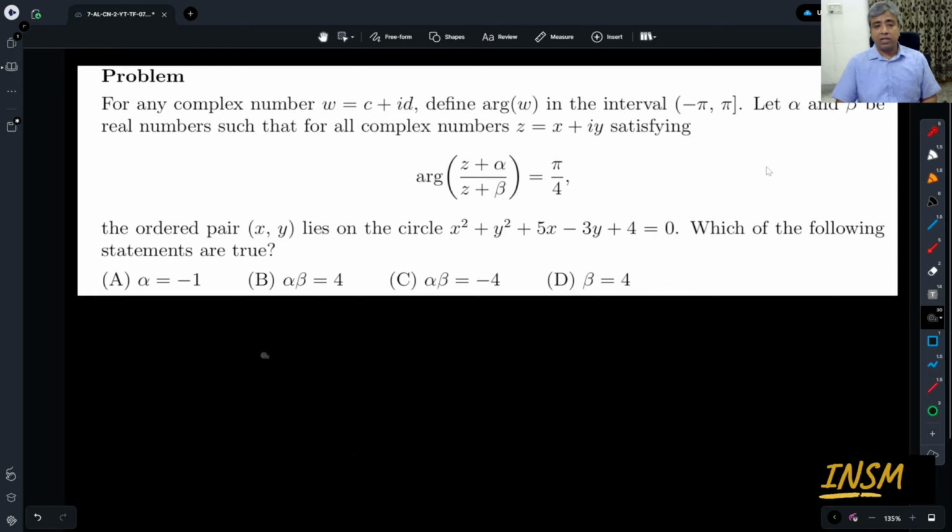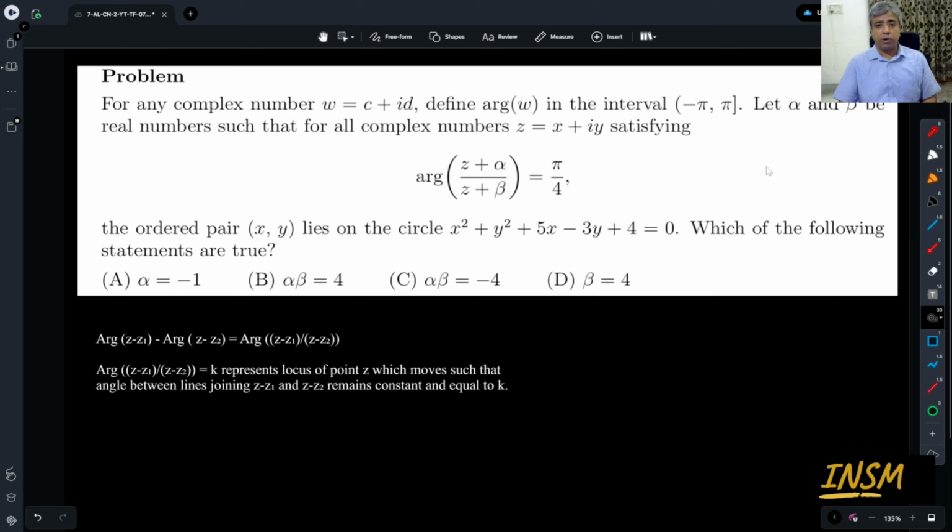For this you should know this basic theory that argument of (z minus z1) upon (z minus z2) is the same as argument of (z minus z1) minus argument of (z minus z2). Argument of (z minus z1) upon (z minus z2) equal to k represents the locus of point z which moves such that the angle between the lines joining z and z1, and z and z2, remains constant and is equal to k.